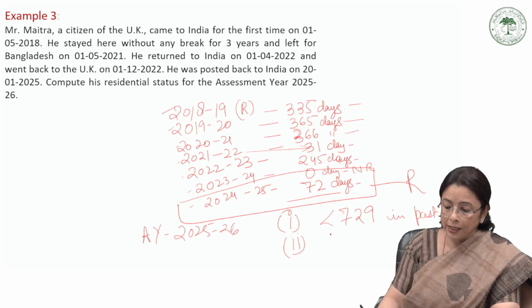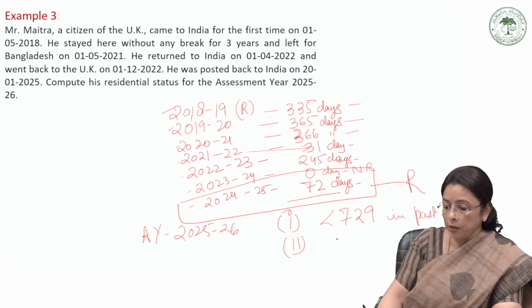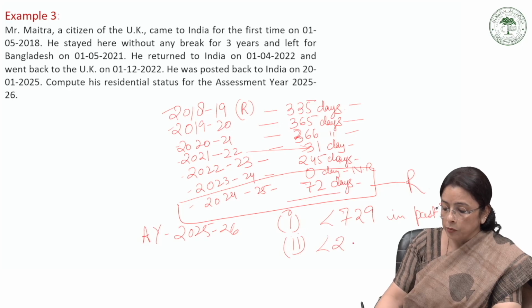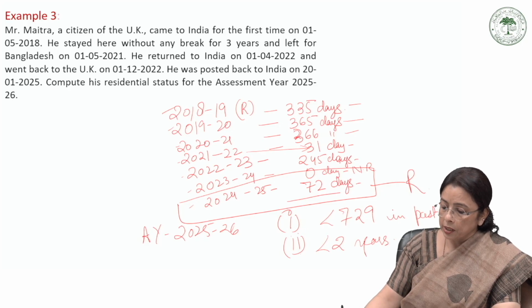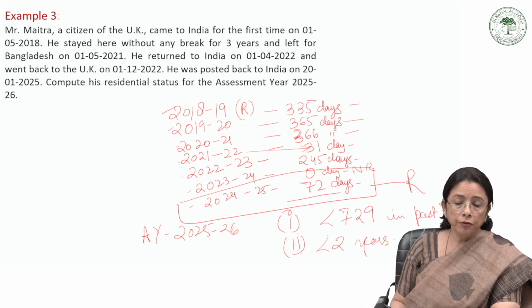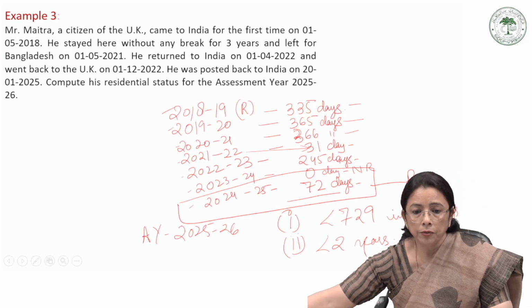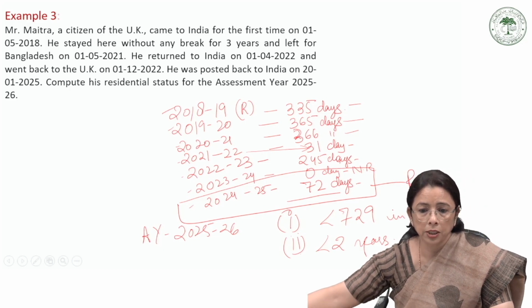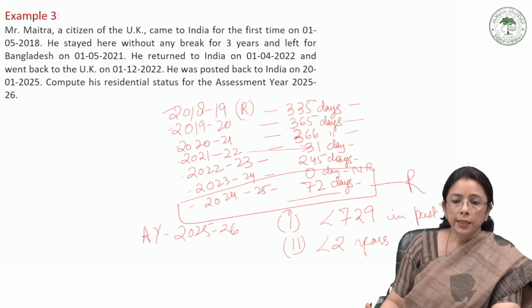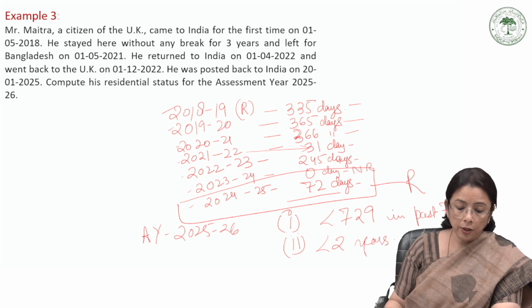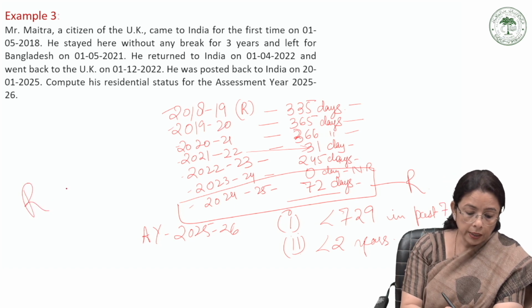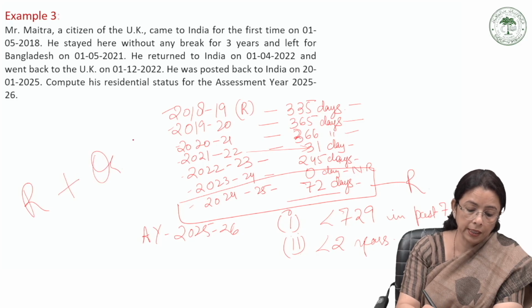In the previous 10 years, if you calculate the number of days, it is more than 2 years. So he fulfills these 2 conditions also. So on the basis of this calculation, we can conclude that he is a resident, and also he is an ordinarily resident.